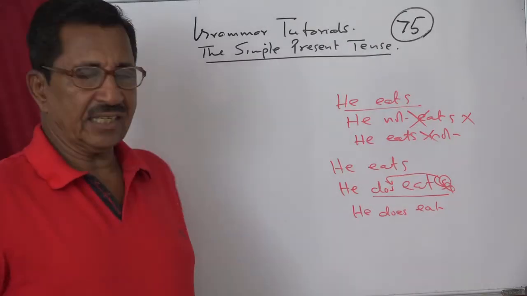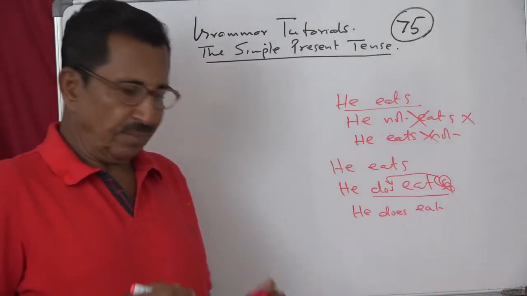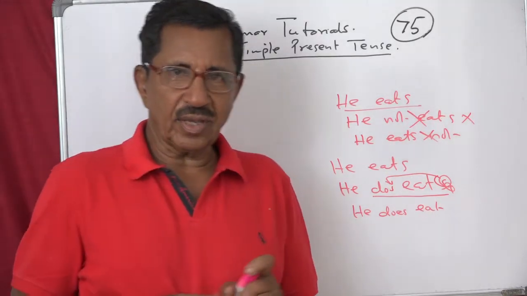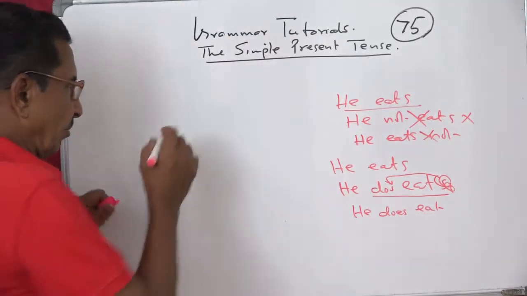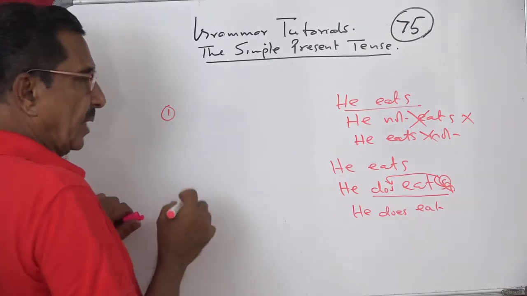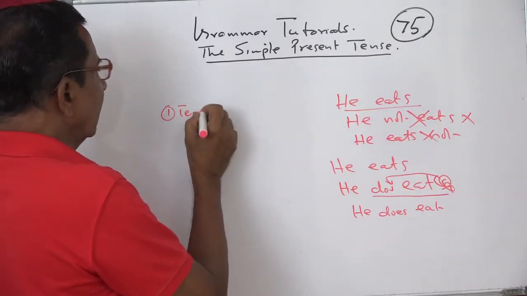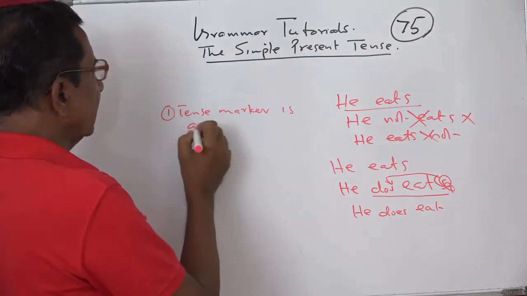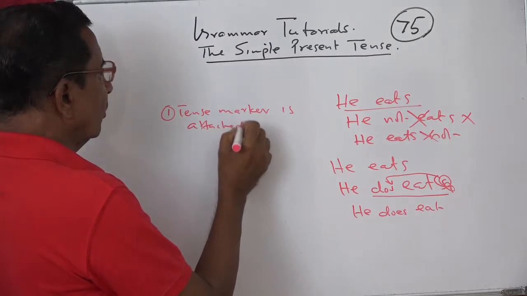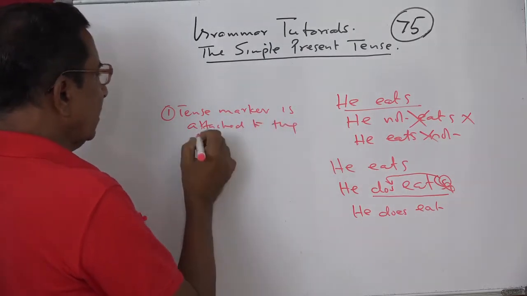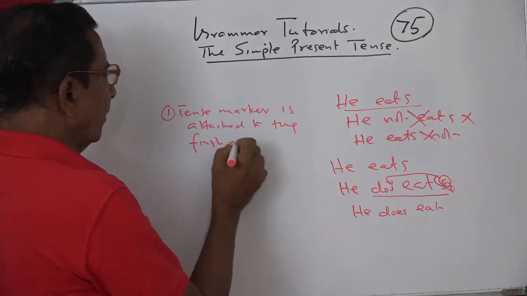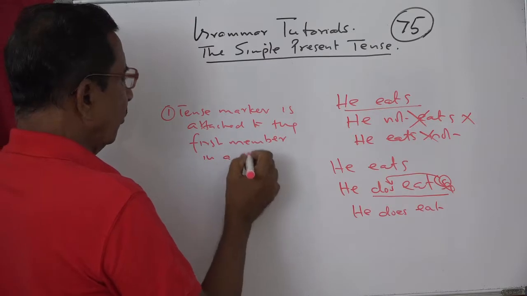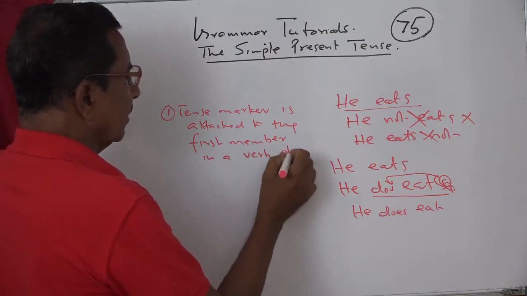Now this fact about attaching the tense marker, you can say like this. One, tense marker is attached to the first member in a verb phrase.